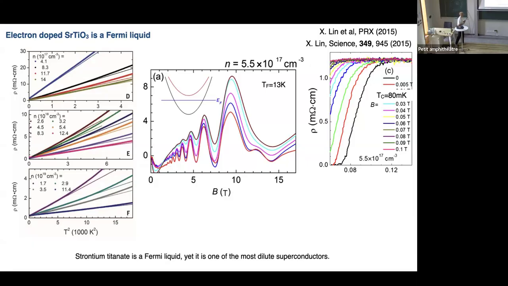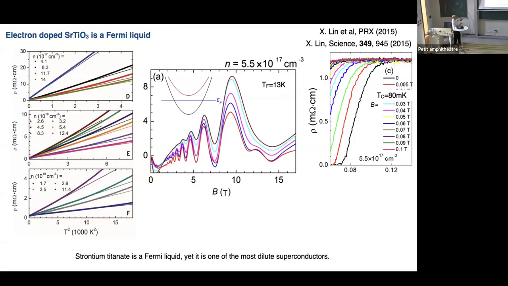But even stronger evidence that you have a Fermi liquid is that we can directly measure the Fermi surface through a quantum oscillation measurement. This is here a measurement of the Nernst effect as a function of magnetic field. So as you know, when you apply a magnetic field, you have Landau quantization, and that can give rise to oscillations in transport or thermodynamic measurements.